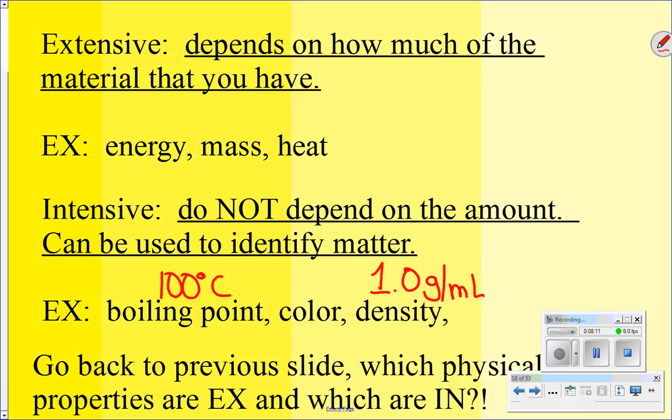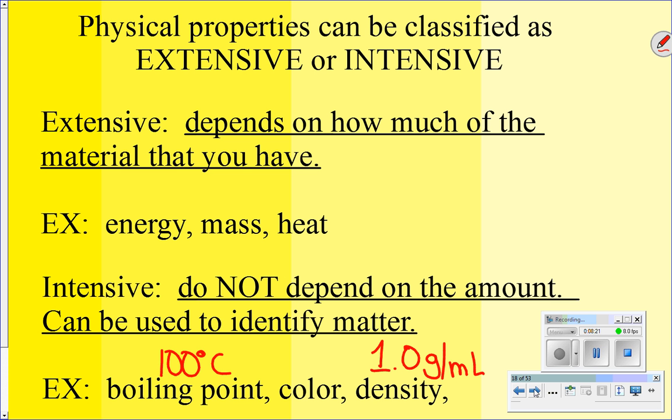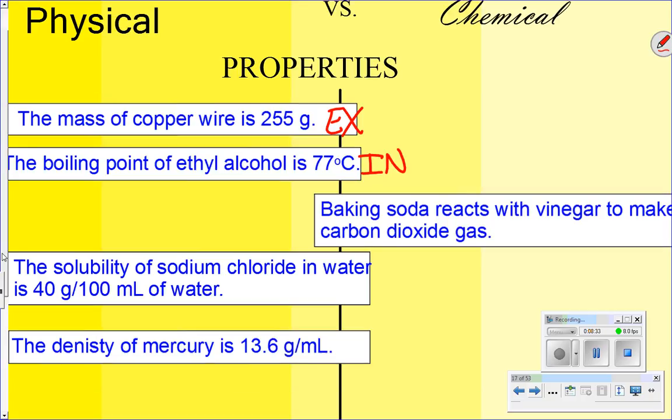In the previous slide, if we go back for a minute, we can look at some of our physical properties. The mass of a piece of copper wire is 255 grams. Remember, extensive properties depend on how much of the matter we have, so this is an extensive property. Boiling point doesn't depend on how much of the stuff you have; it's going to be the same in a small sample or a large sample.